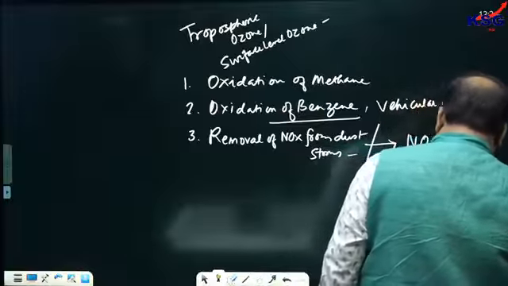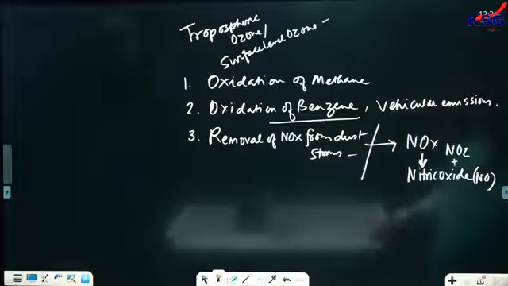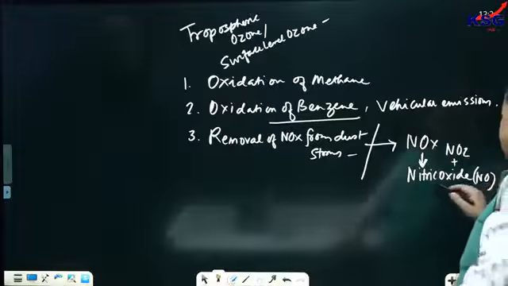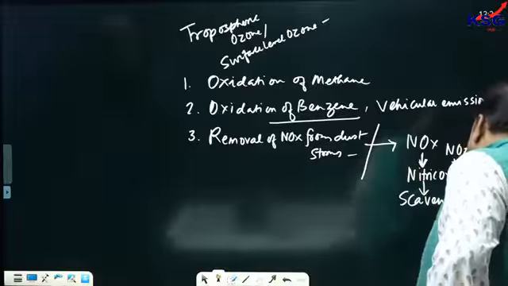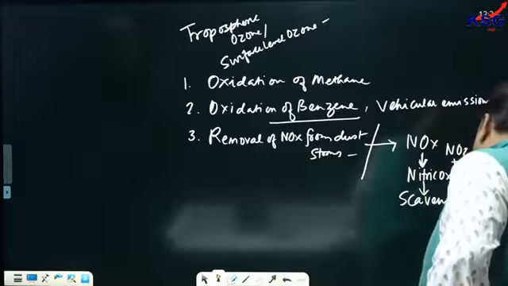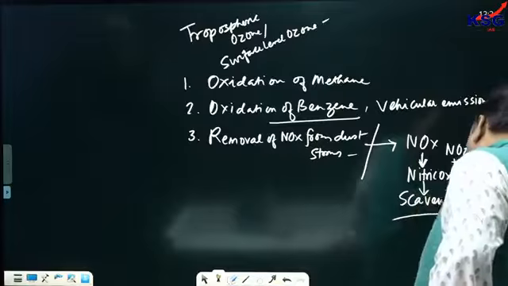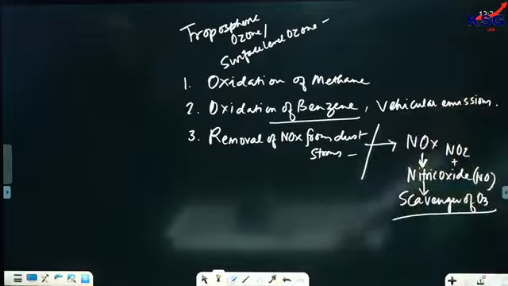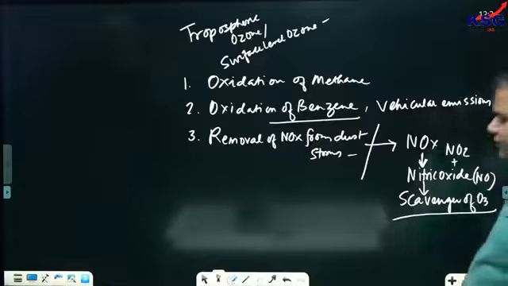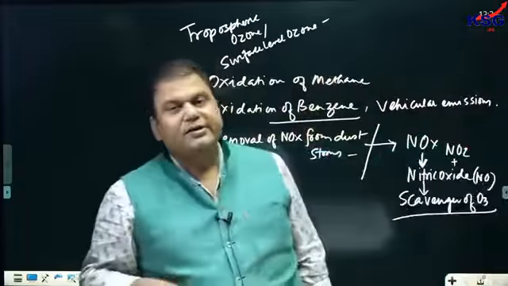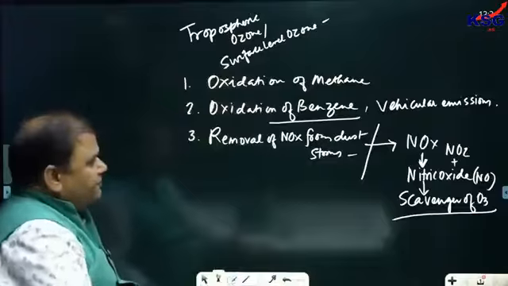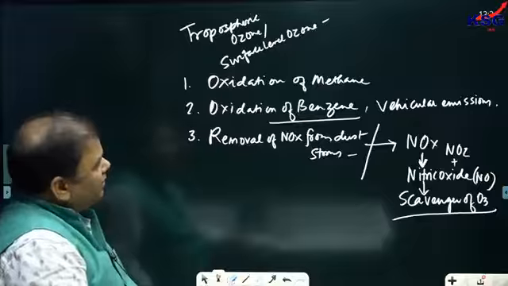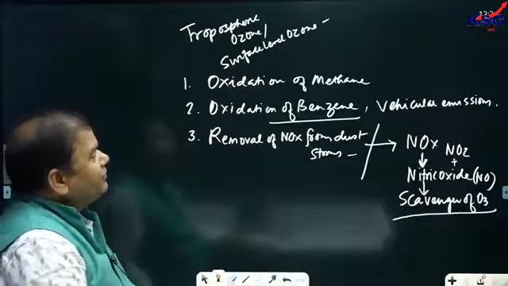In NOx, nitric oxide is present, which is considered as scavenger of ozone. Is that clear? Now this you have to know, what are the sources of surface level ozone.